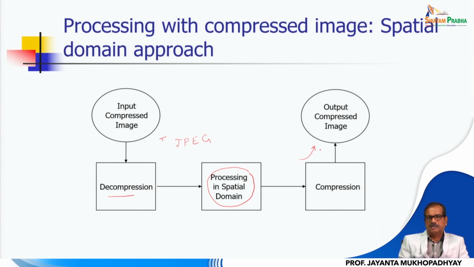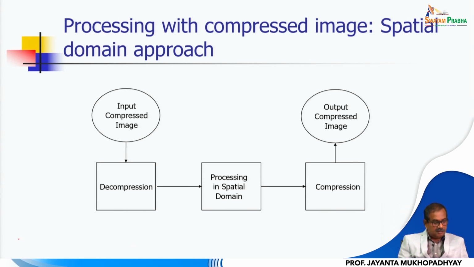So in most applications, your input is an image in compressed format, and your output is also an image in the compressed format. In between, you are performing your processing. Since your algorithms are mostly designed for spatial domain operations, you require decompression for that, and for storing once again you require compression.